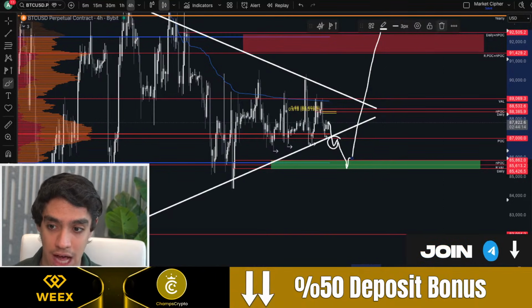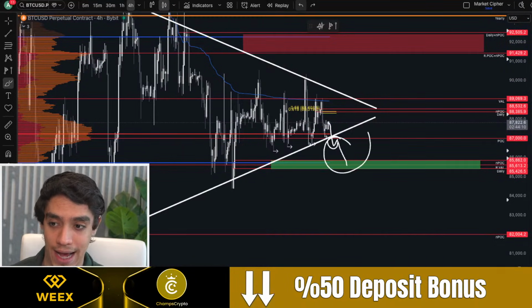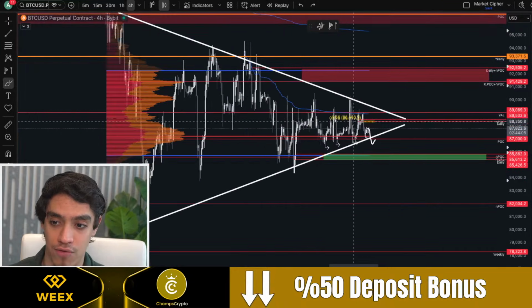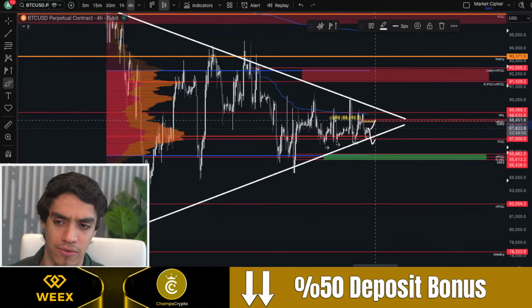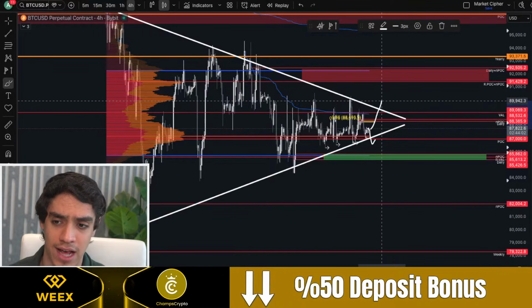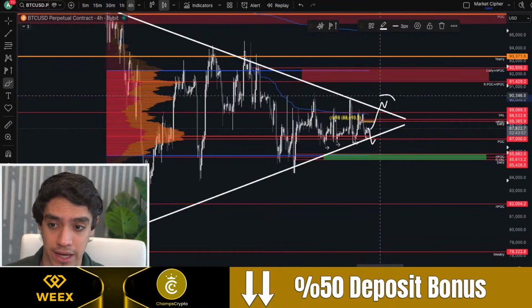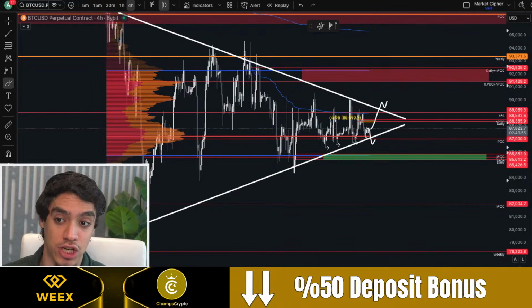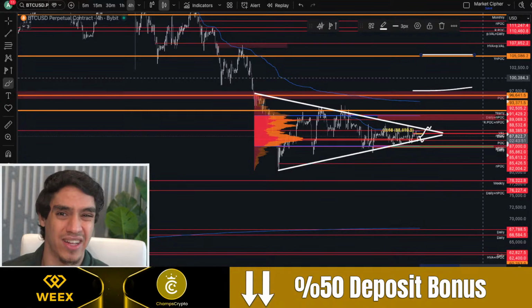Also, if it breaks up, say for example scenario B plays out, which sees Bitcoin break the trend line of the other side, which is the resistance area. So if, for example, we break above 89k or 90k even, and everybody gets super bullish, every person makes videos about it breaking up and how this pattern could take Bitcoin to 98 or even above to 105. I couldn't care less.